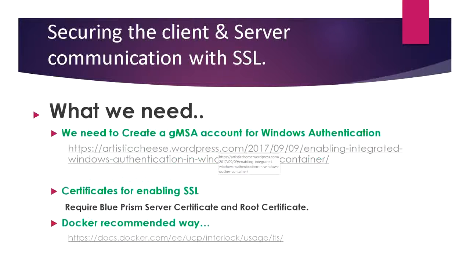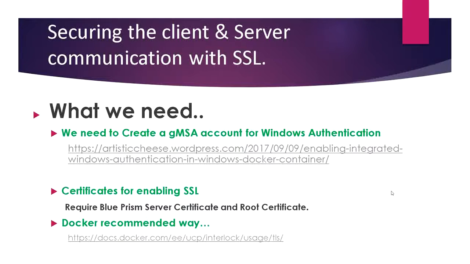Remember, we need to do two things here. We need to make sure that our containers are capable of allowing Windows authentication, and second, enabling SSL communication. So these are two separate things, and you should address them separately. For Windows authentication, basically containers require a GMSA account.